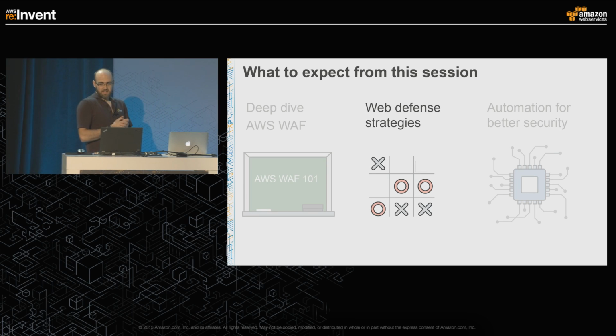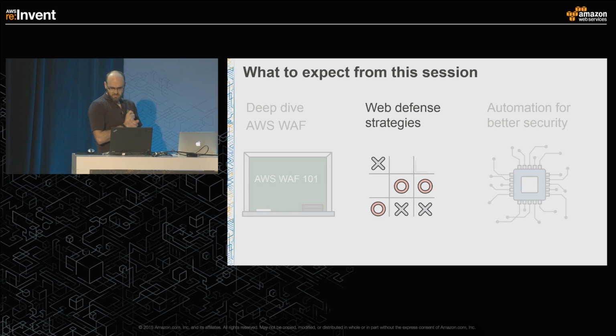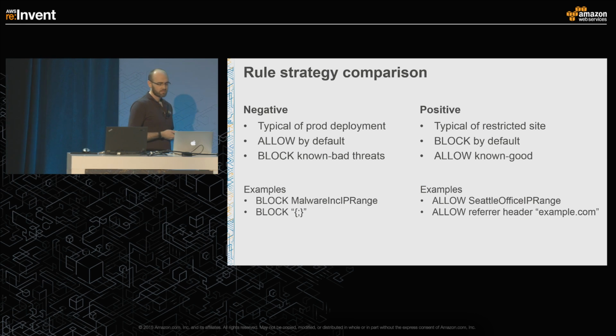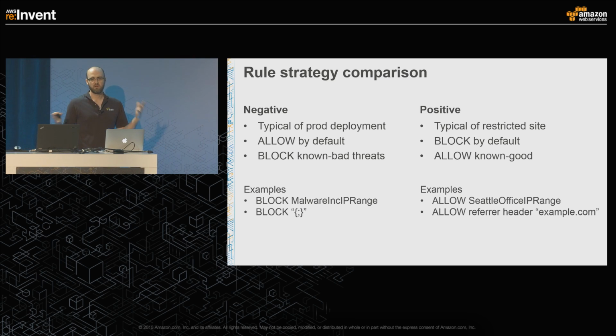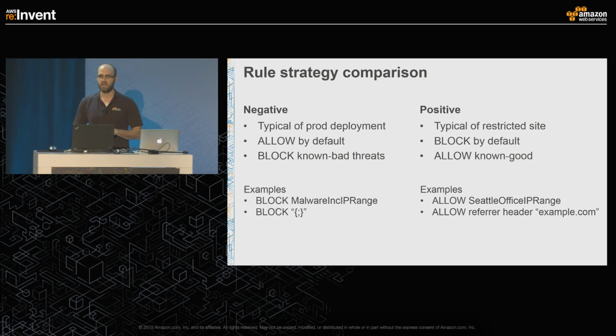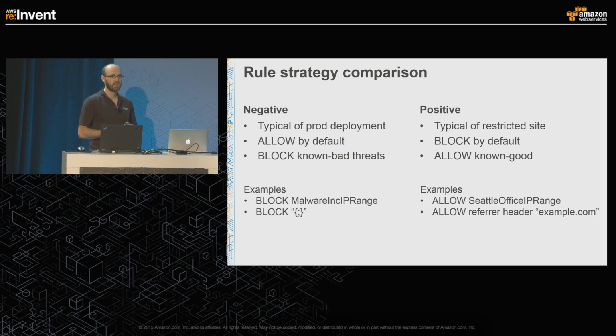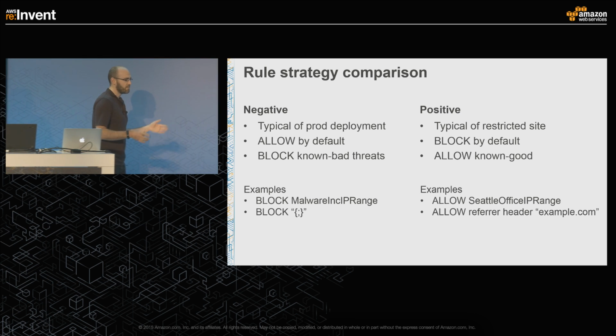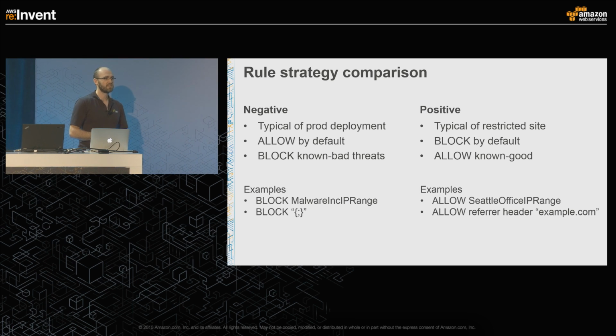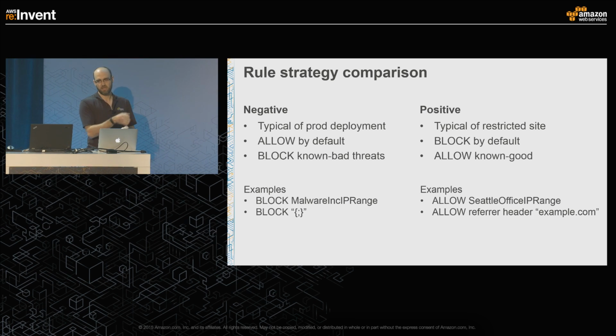All right, now that we've got an overview of the WAF, let's put it into action. If you've experienced rule configuration before, there are really two main camps or two main styles of policy making when it comes to web application firewalls. The negative security model says, I'm going to allow everything by default, but I know of some bad things that I want to block. So that's the negative aspect: block these specific things.